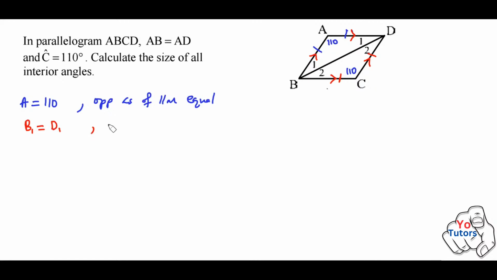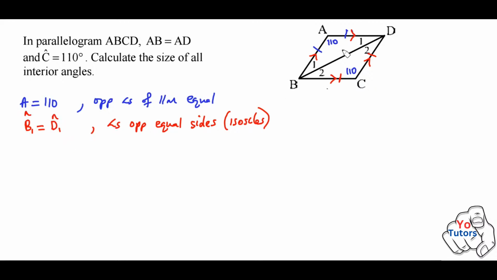Because these are angles opposite equal sides. So where do we use this? When we are dealing with an isosceles triangle. When you're given sides that are equal, you can safely say the angles opposite them are also equal. So here, let's indicate that they are angles.